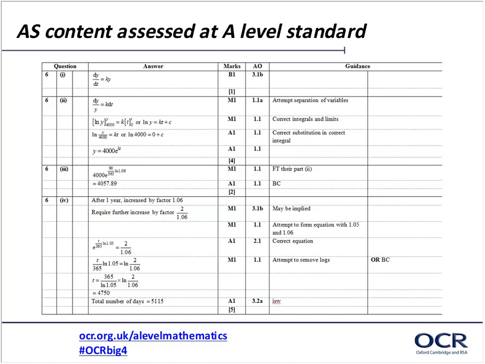And in the guidance we've got notes to help support, in the first instance, the team marking the papers, but also teachers and students if they want to use the mark schemes as part of the teaching and learning program and reviewing papers.